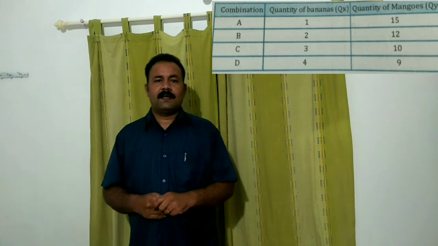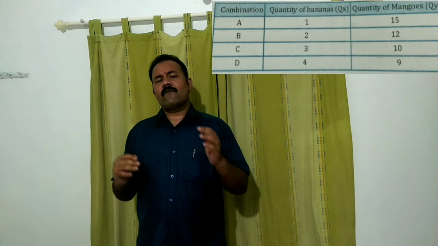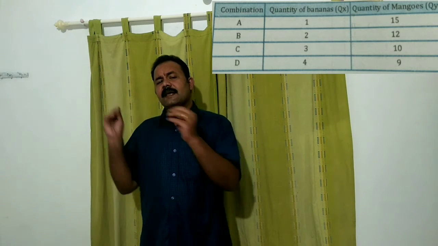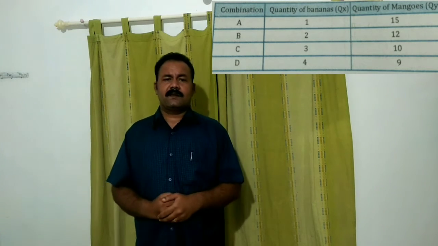Then we can use one diagram for representing the preferences. For example, we can take two goods, that is banana and mangoes. And here we can select different bundles.